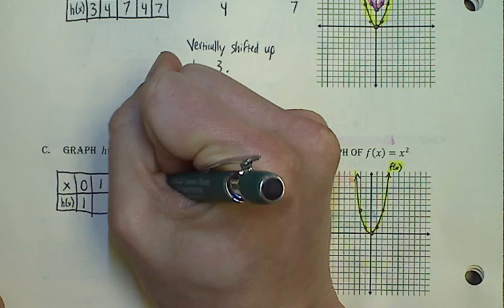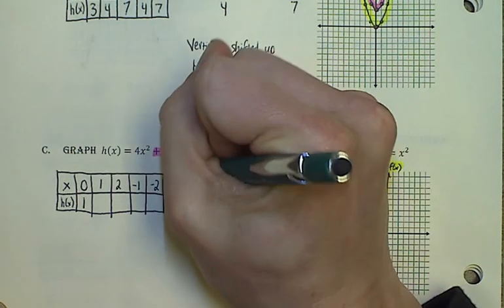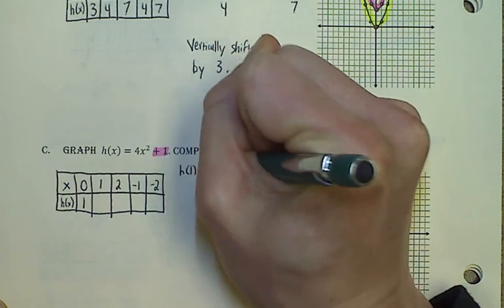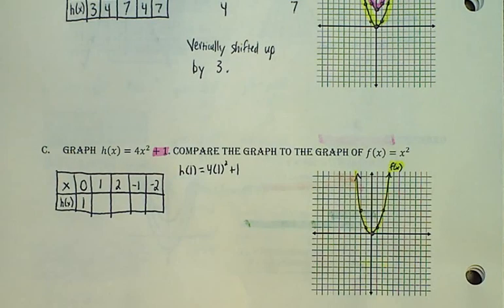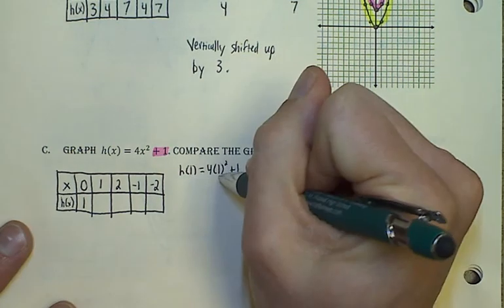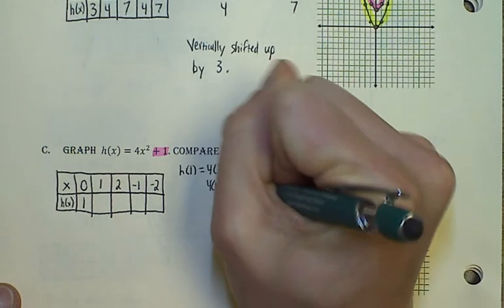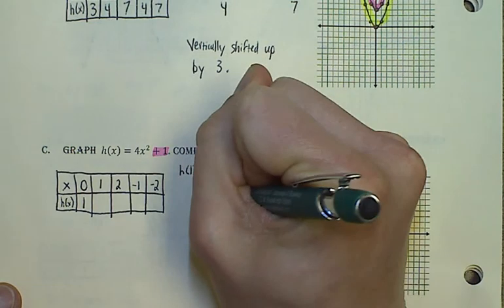So from there, I now need to go on and plug these numbers in. So I've got h of 1 equals 4 times 1 squared plus 1. Well, PEMDAS says exponents first, so 1 squared is 1 times 4 plus 1. Well, next would be multiplication, so 4 times 1 is 4, plus 1 is 5.